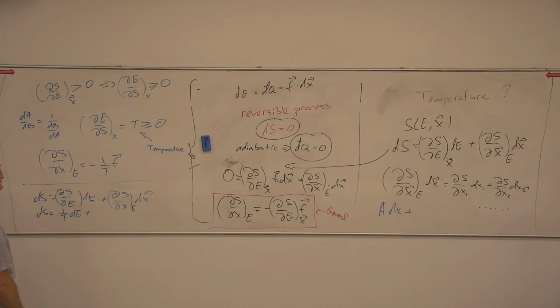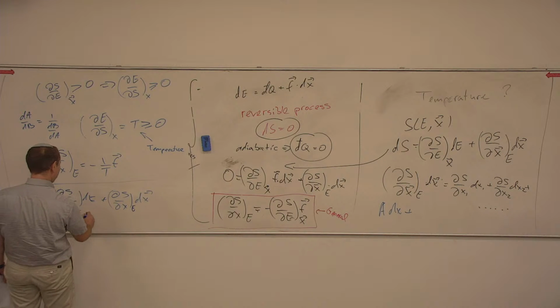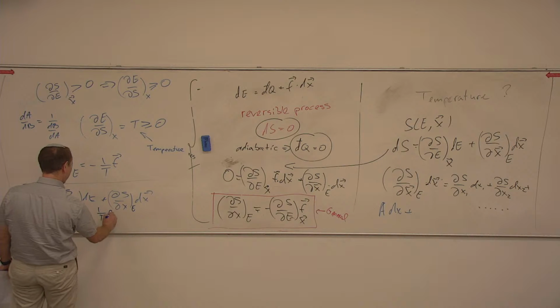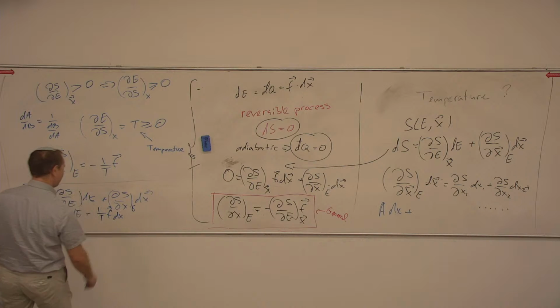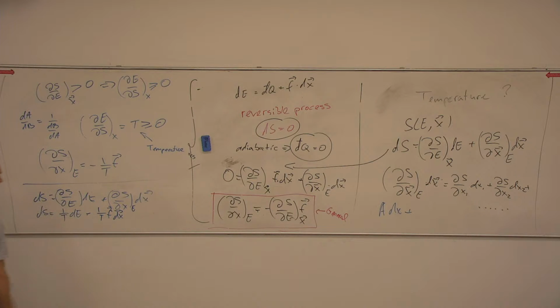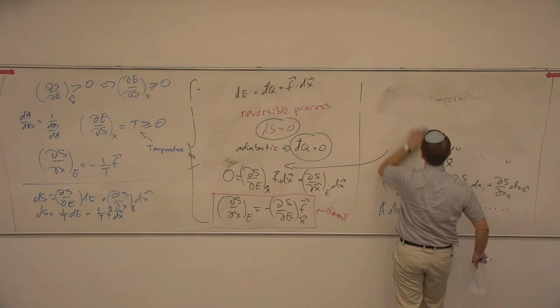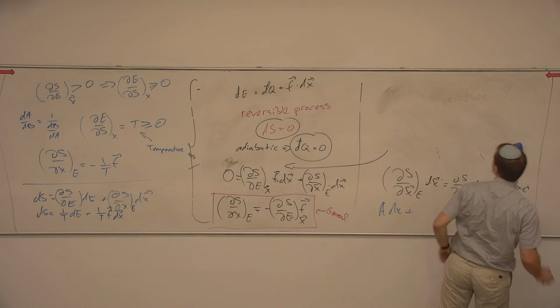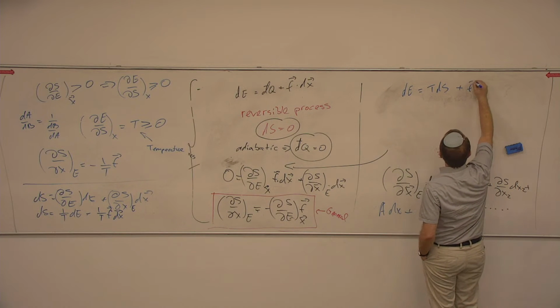Minus 1 over T times f, dx. Going one step forward, we obtain that dE equals T ds plus f dot dx.